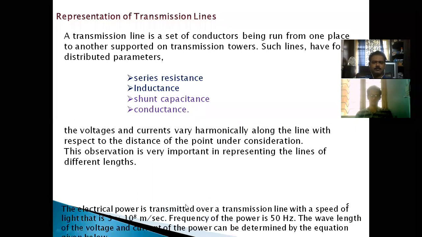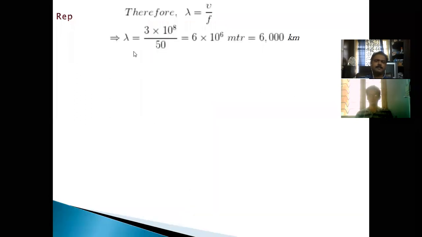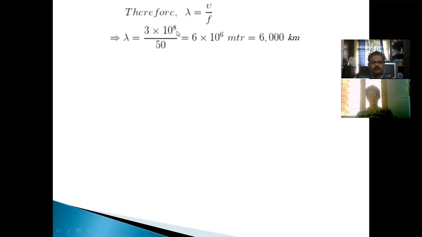If we observe the voltage waveform or current waveform on a transmission line, it travels with the speed of light. It comes around 3 times 10 to the power of 8 meters per second, the velocity of light, which is equal to the velocity of the voltage or current waveform on the transmission line.